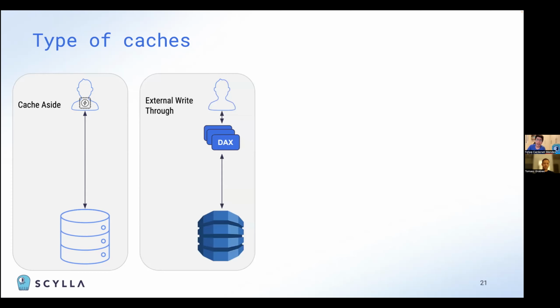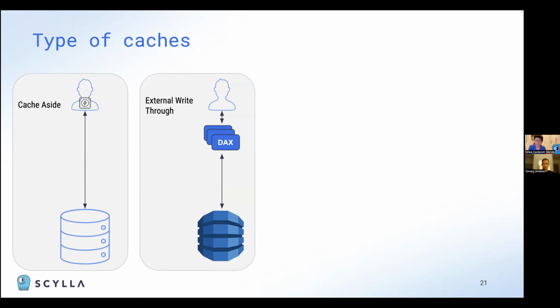All right. As an example of a write-through type of cache, we have DynamoDB Accelerator, also known as DAX, right? Which essentially sits in front of the database, and every write you perform directly to DAX is synchronized with Dynamo.